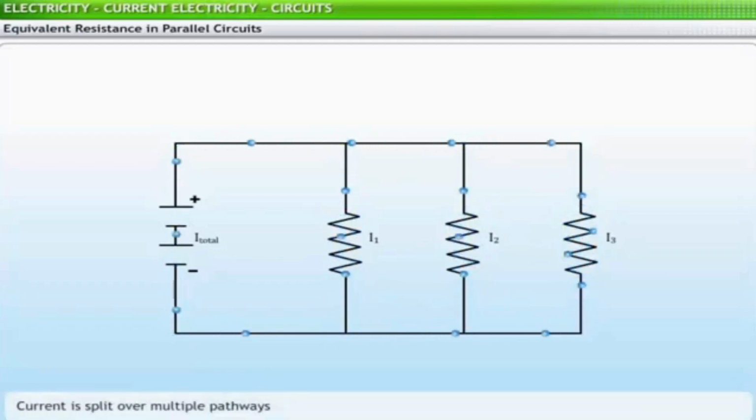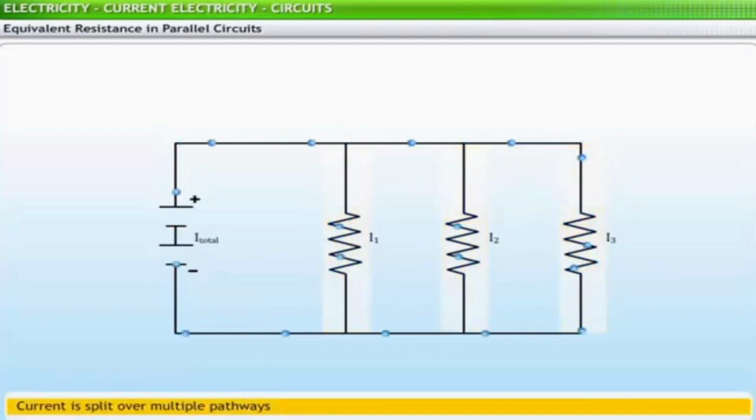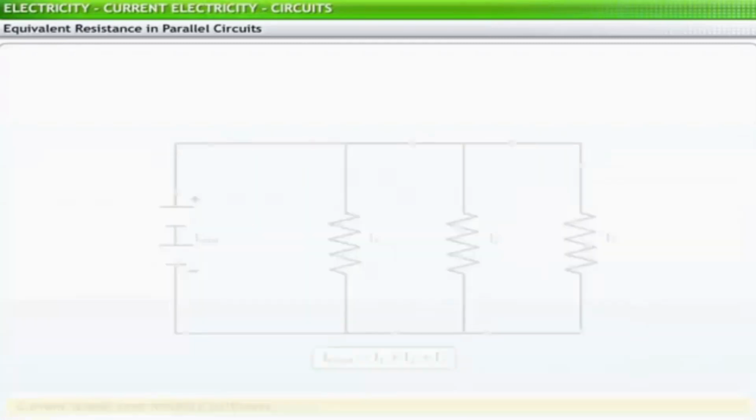However, it is split over multiple pathways. This principle can be represented as I total equals I1 plus I2 plus I3, where I total is the total amount of current outside the branches and in the battery, and I1, I2 and I3 represent the current in the individual branches in the circuit.